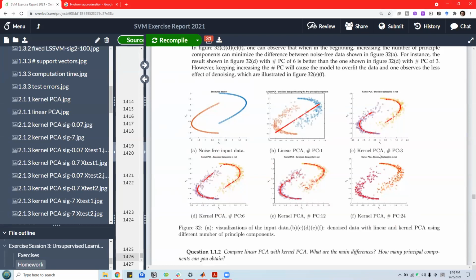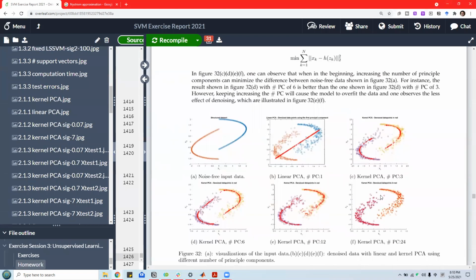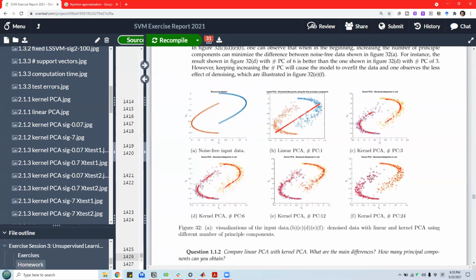And of course, then you discuss, okay, when you are doing kernel PCA and you are increasing the principal components, the results you are getting. So you see that if you increase the number of components more, your result is kind of, I would describe it like overfitting, because it's trying to overfit every noise point you have here instead of catching the main characteristics.